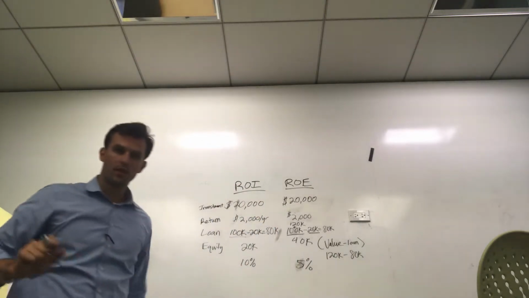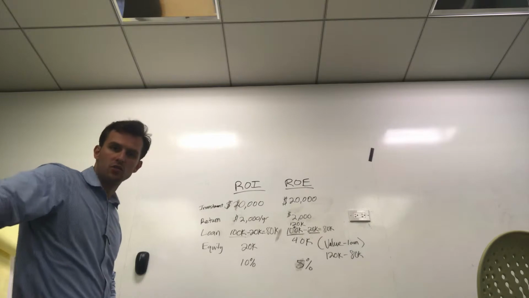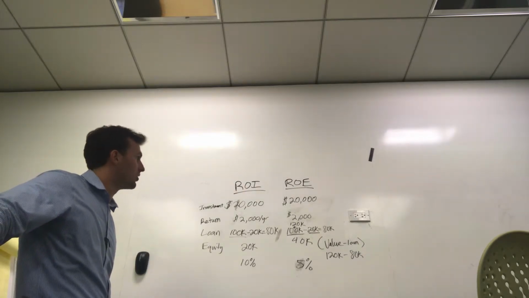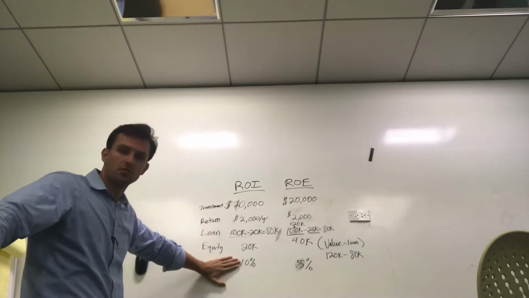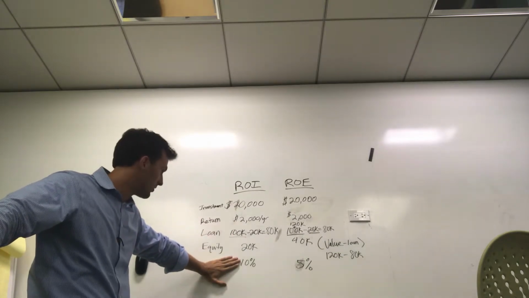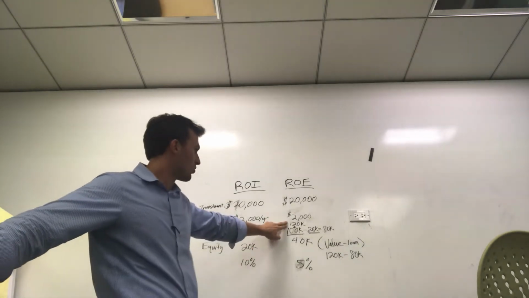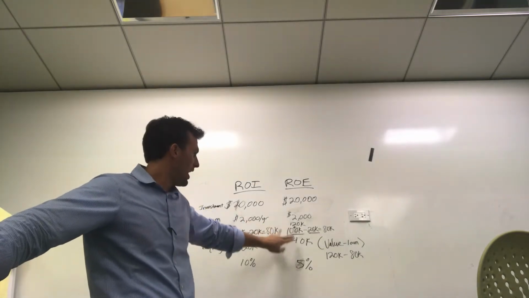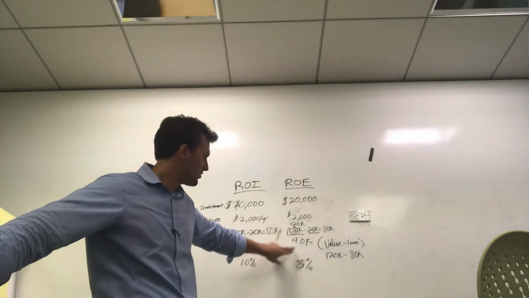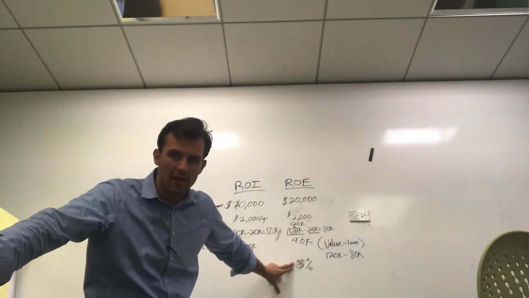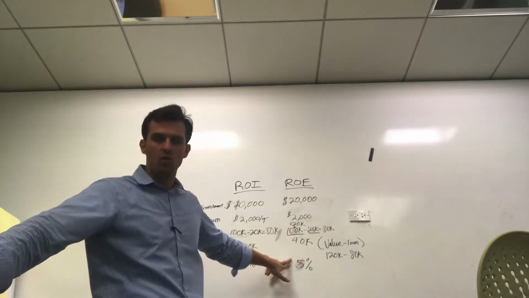So when you look at this deal, if this was a deal that came across your desk and you're going to go, am I going to invest in that? Return on investment, okay, man, I'm going to make 10% a year. Fantastic. But if that house is worth 120,000, I have 40,000 in equity sitting in there. I'm only going to make 5% on my equity. Why the hell would I do that?